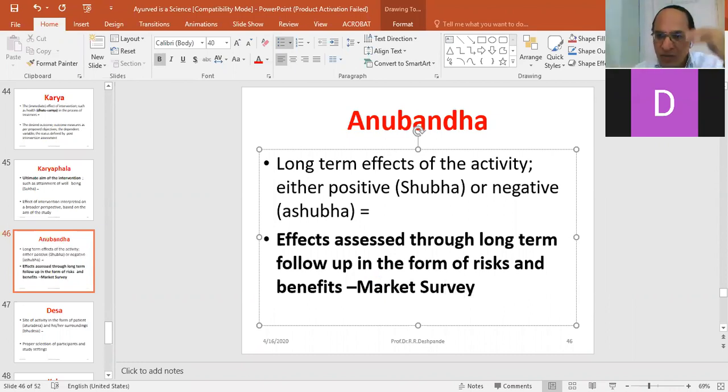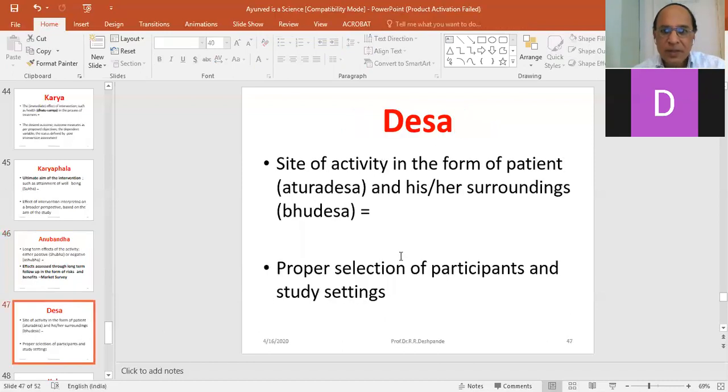After the first 3 phases of your clinical trials, your product Amrutadi Gugulu has been launched, a patent has been taken by some Ayurveda company, and they have started to sell that particular product. But then if some researcher keeps watch for the next few years and writes down what are the side effects, what are the additional benefits, then that is called a post-market launching survey. That is Anubandha, a continuous process of evaluation.